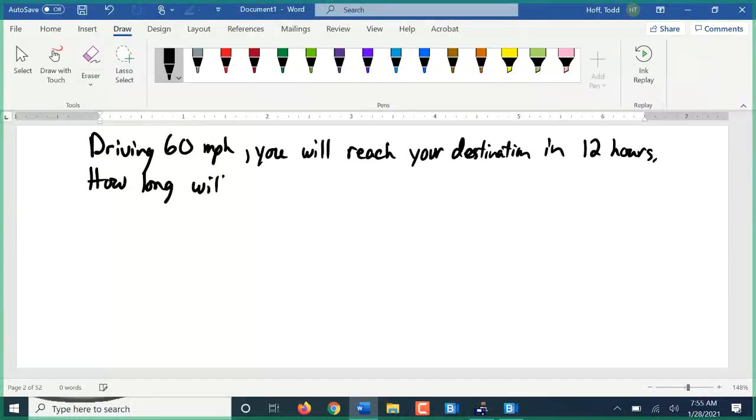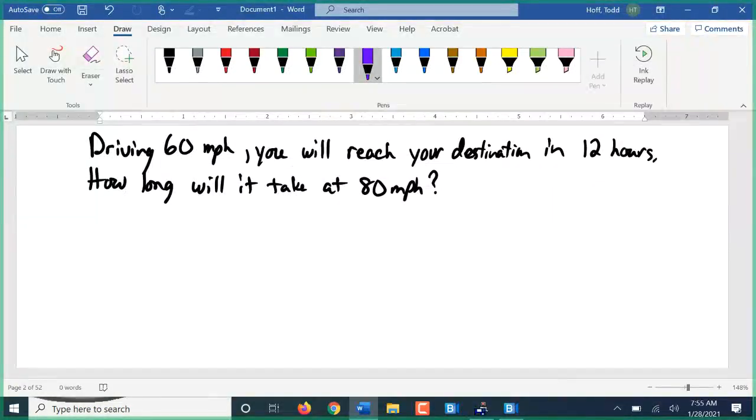How long will it take at 80 miles per hour? Assuming you don't get stopped for speeding or anything like that, and that road conditions are fine for either speed.